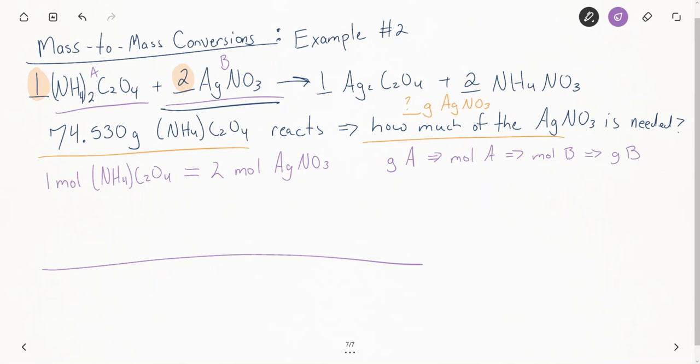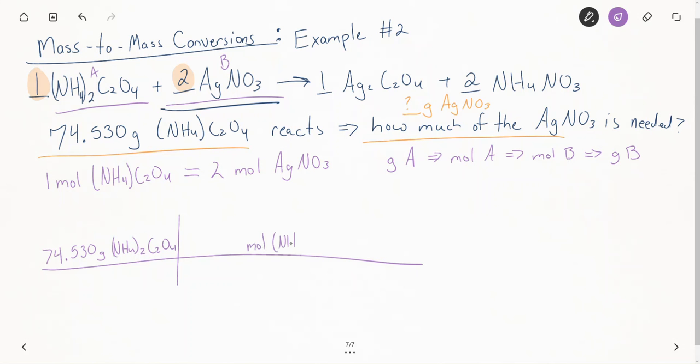So each of these divisions tells you about how long your T-table will be. This one will be a little bit longer. The very first piece of info we're going to put is our given, so 74.530 grams of ammonium oxalate. And the first place we're going is moles of that same exact thing.